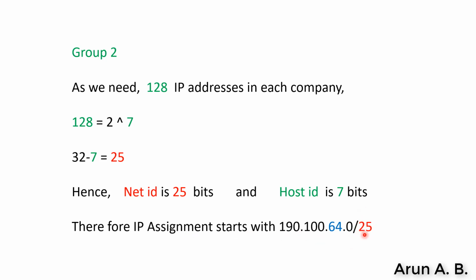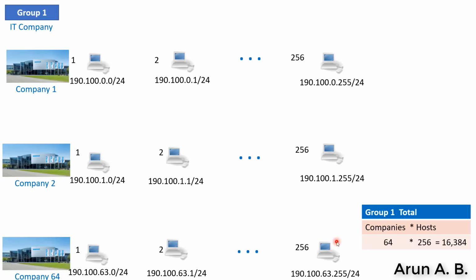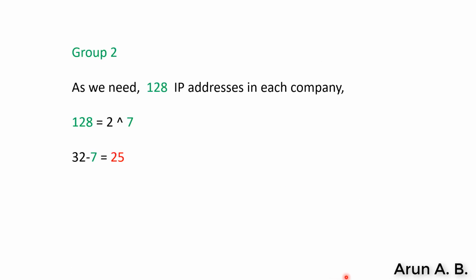This /25 is used because the network ID is 25, whereas the IP address starts from this 64 because we have seen from the previous data that group 1 ended with 63.255. Therefore, the next one should start with 64.0.